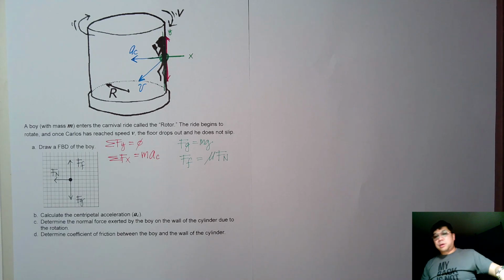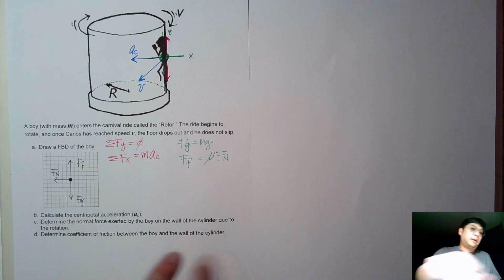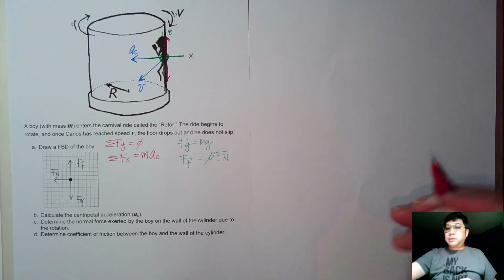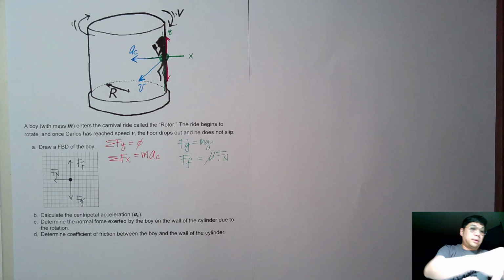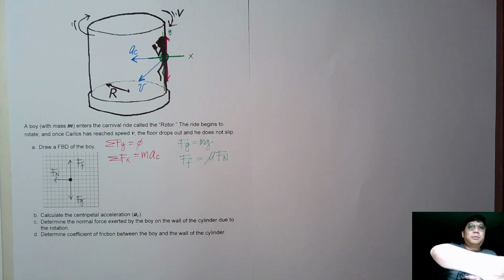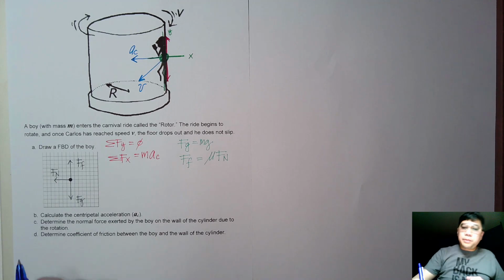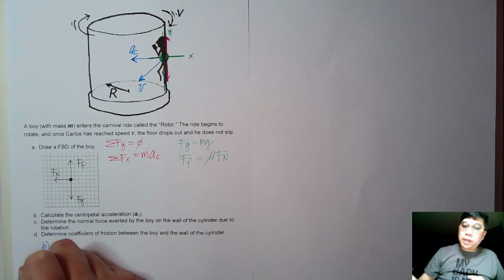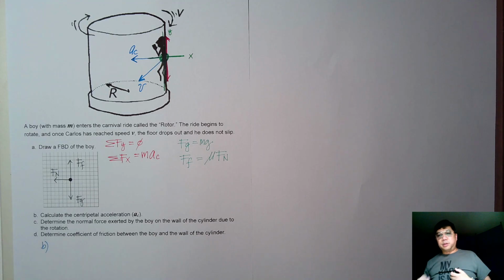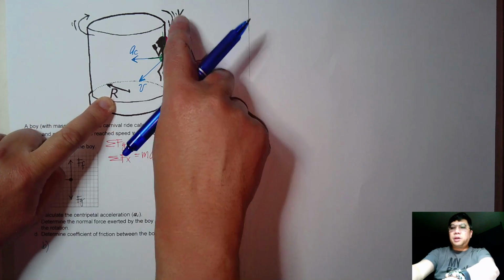Okay, so at this point, let us calculate the centripetal acceleration, which is letter B. For letter B, I would want to use my blue pen. What is the centripetal acceleration? If you look at the question, you have your radius, you have your velocity.